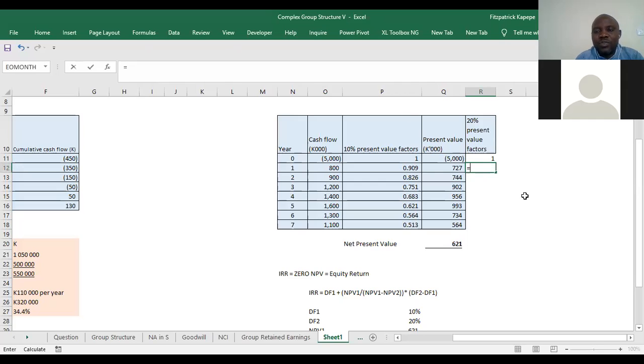Then we'll do like this to say this divided by 1.2, giving us these numbers. So meaning the present values would be the 5,000 there for the cash flows times 1.